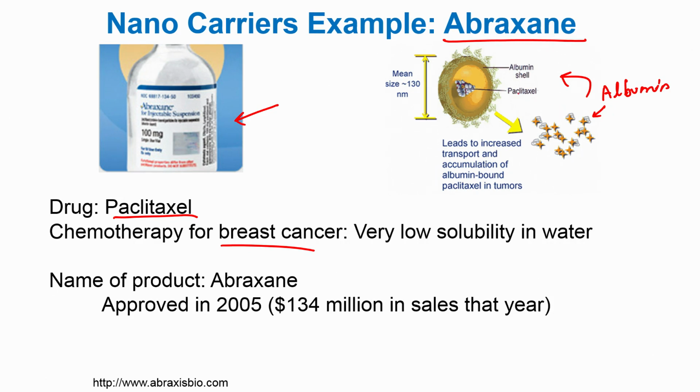It self assembled into a structure where paclitaxel ended up in the core and albumin changed its conformation to face the outside and interact with water, with a mean size of about 130 nanometer, again close to that EPR effect range that we wanted, and that resulted in greatly increased transport and accumulation in tumors.